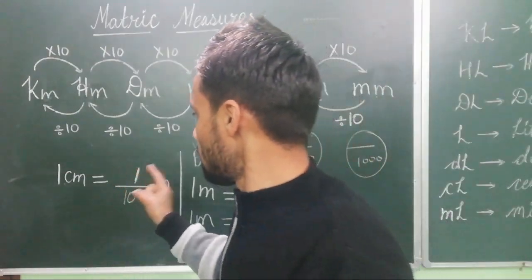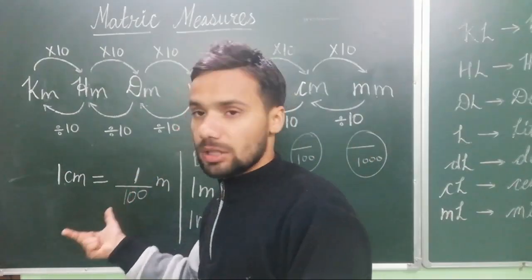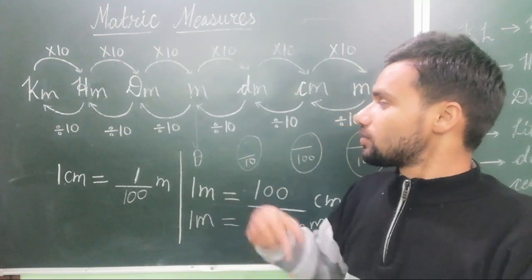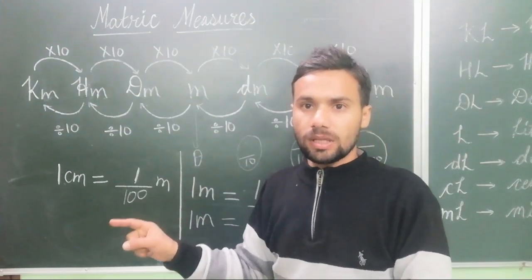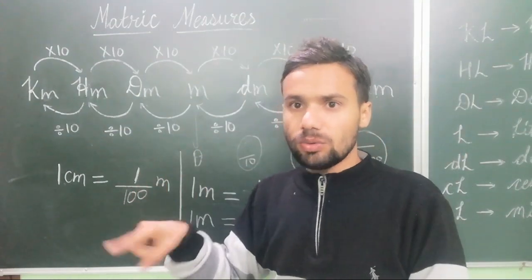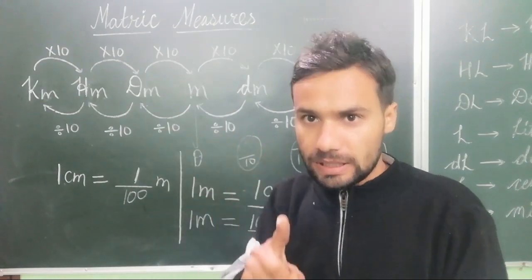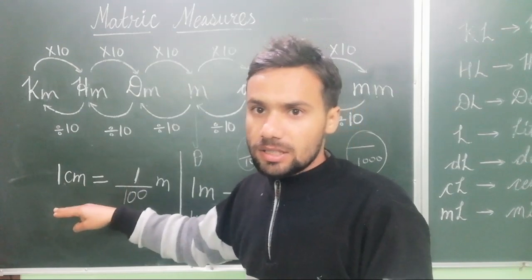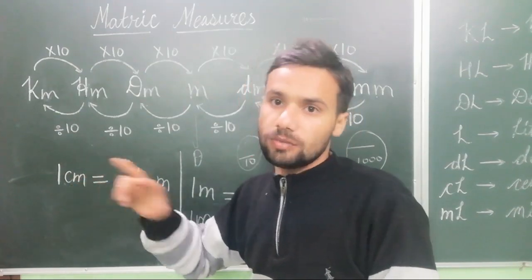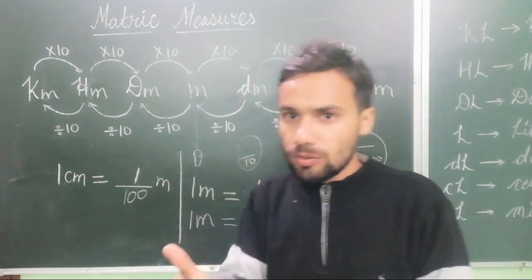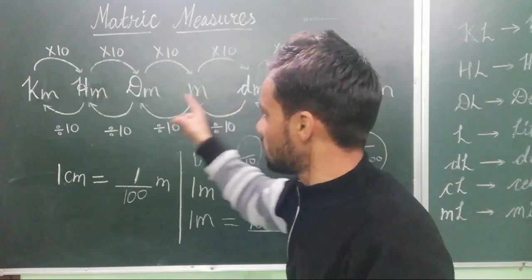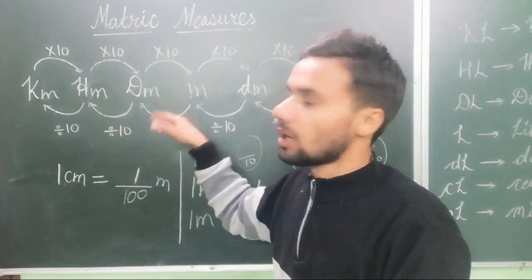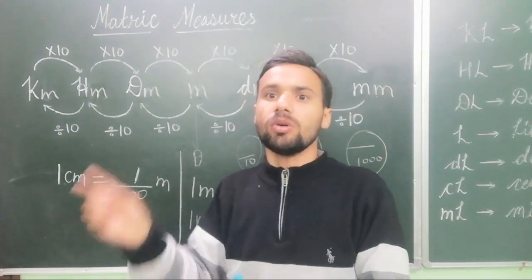I hope you understand how to convert large unit into small and small unit into large. Whenever you want to convert large into small, you should multiply. Whenever you want to convert small unit into large, you should divide. So how many times you divide, you can understand from this table.